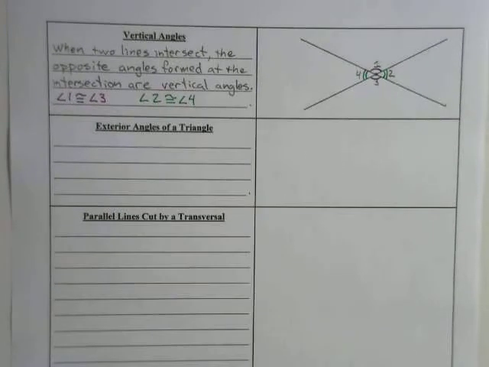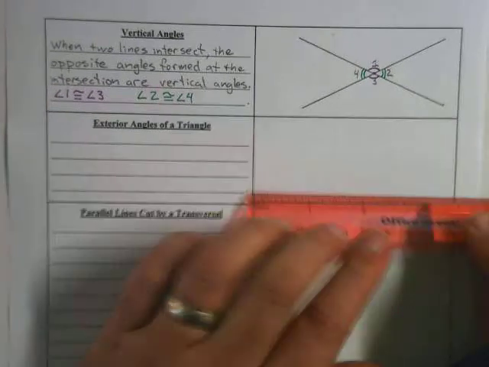Our next set of special angles is when we're talking about exterior angles of a triangle. So let's draw a diagram so that we can clearly see what's being discussed.